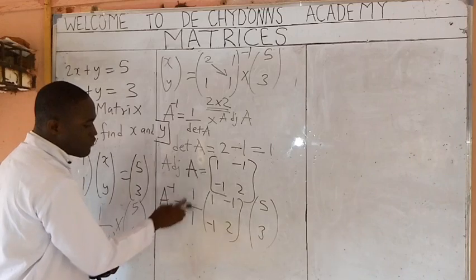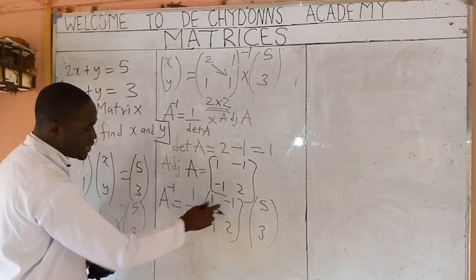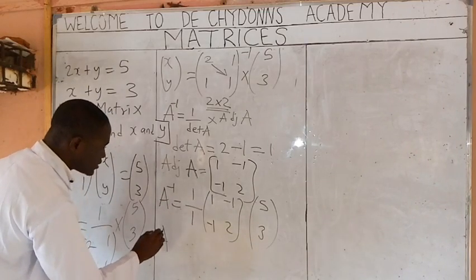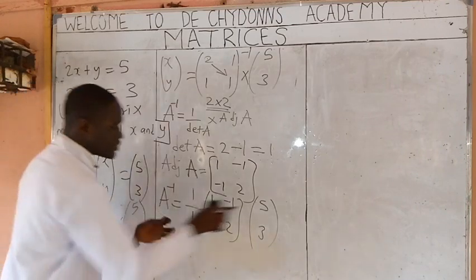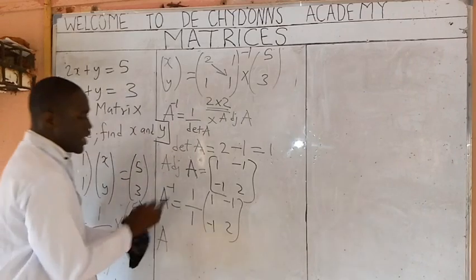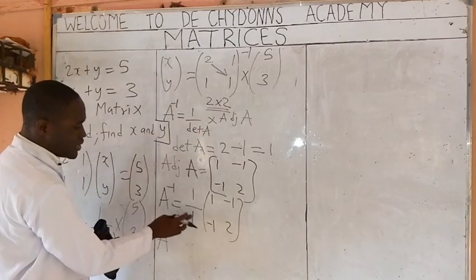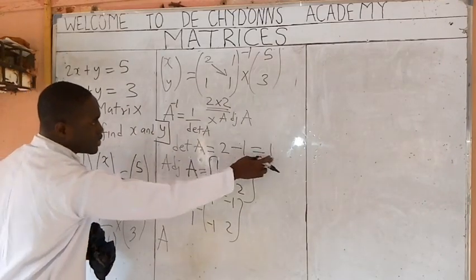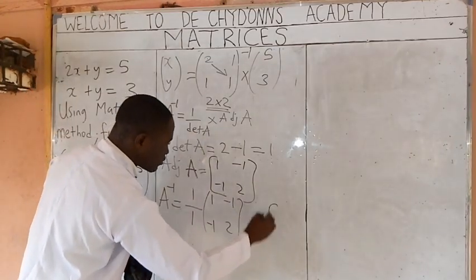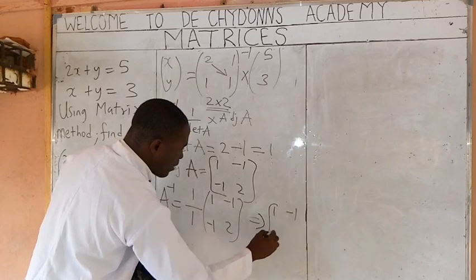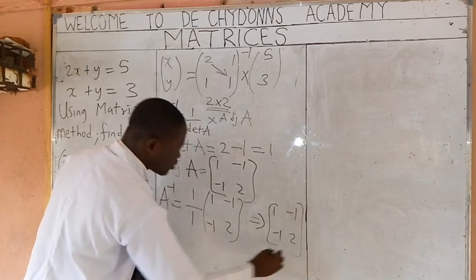Now 1 over 1 is 1. 1 times this is this. It gives you that A inverse is this. Please mind you, A inverse is 1 over the determinant of A. This is 1 over 1 because the determinant of A is 1. The adjoint of A is this, which gives you 1, minus 1, minus 1, 2.